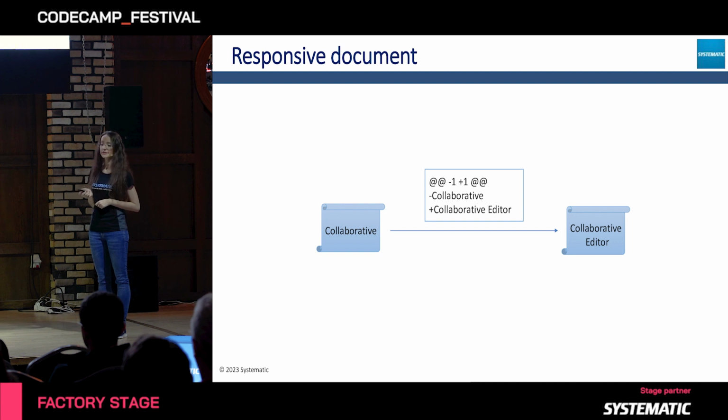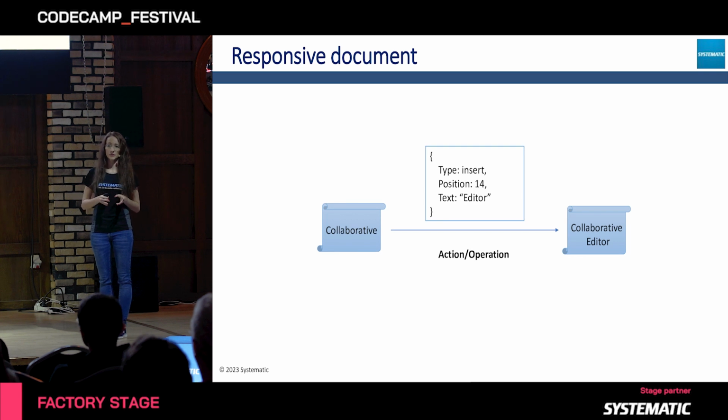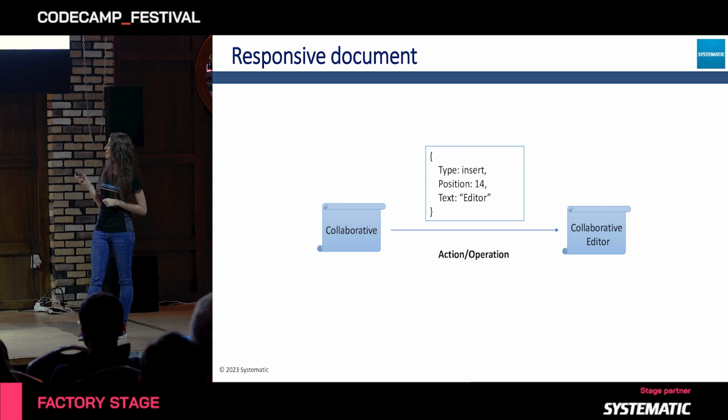So we had to consider another approach, and this was to define the operation in terms of actions made by the user. We have defined operations in this simplified version, with a lot more in the implementation part, but this is the most important part: we have the type of operation or action performed by the user, in this case an insert.